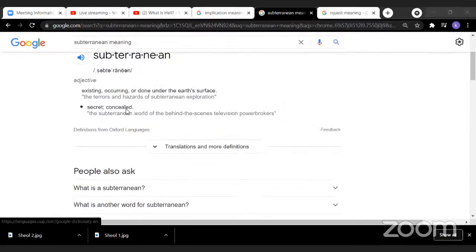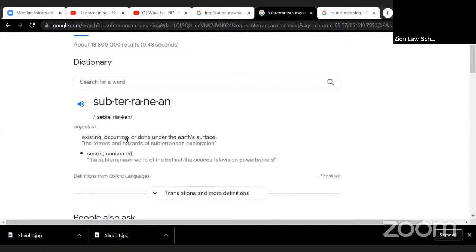So was Hades the brother of the Greek god Zeus? Let's look it up. Subterranean: existing, occurring, or done under the earth's surface. This is an adjective, and the next definition is secret, concealed.